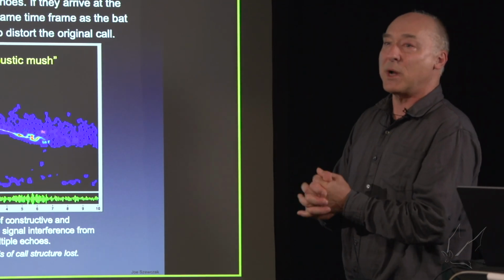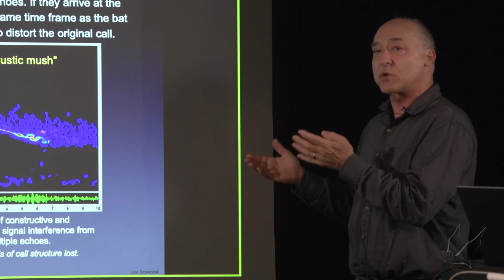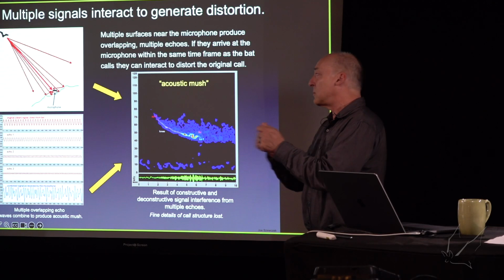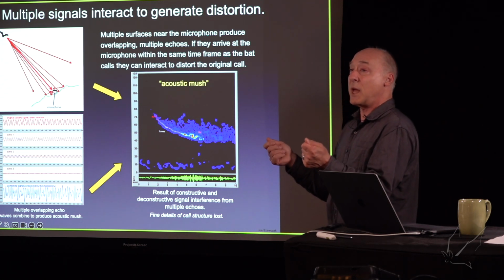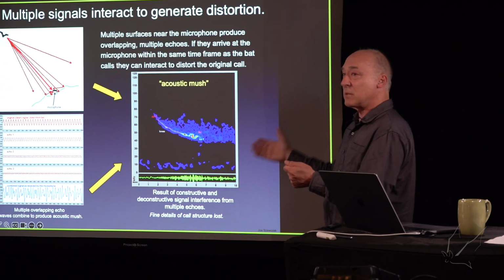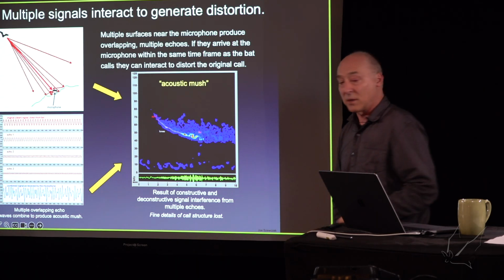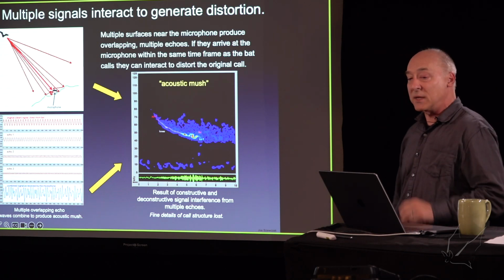This process is much more an issue with these shorter wavelengths, because if your microphone is less than a wavelength away from a surface, then this won't happen. But with the shorter wavelengths, it's a much easier thing to produce. Once you understand this, it's very easy to prevent.